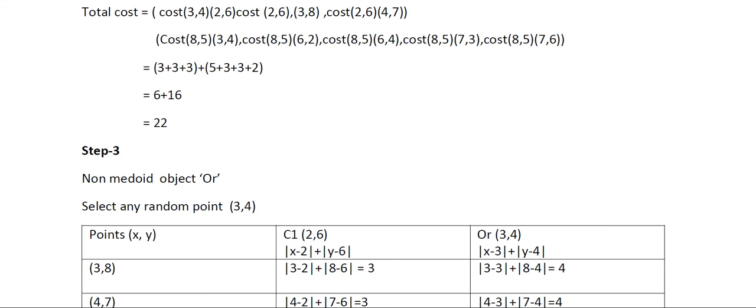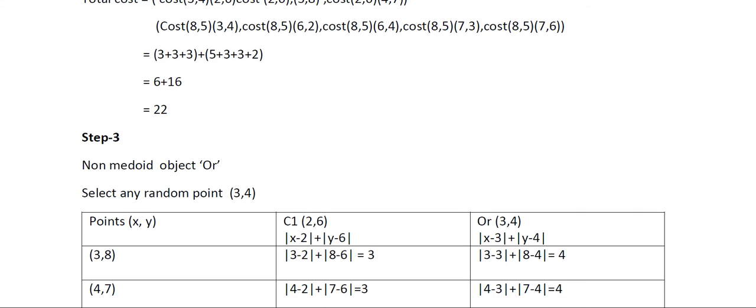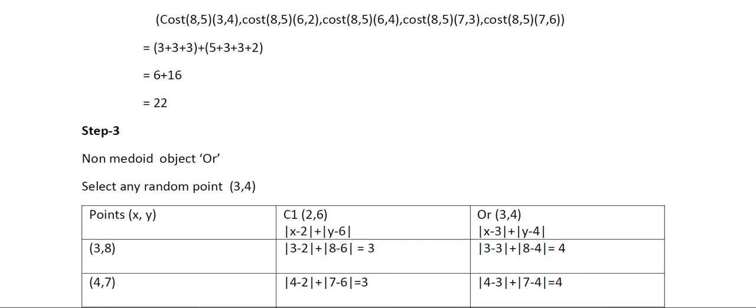Already our C1 is 2,6 and in step 2 the random point is 3,4. Again we will use the Manhattan formula: mod of x minus 2 plus mod of y minus 6, and for 3,4 we have mod of x minus 3 plus mod of y minus 4.